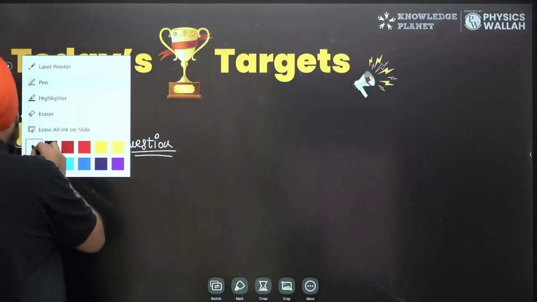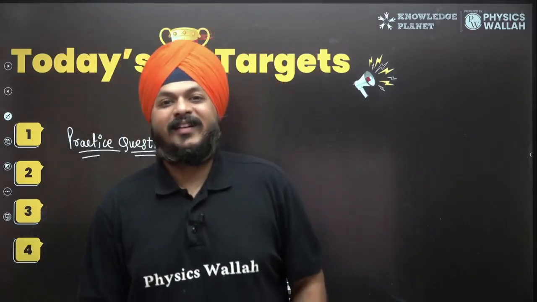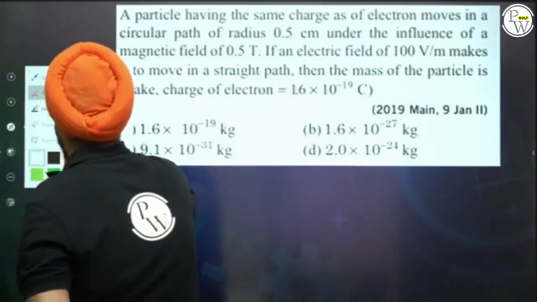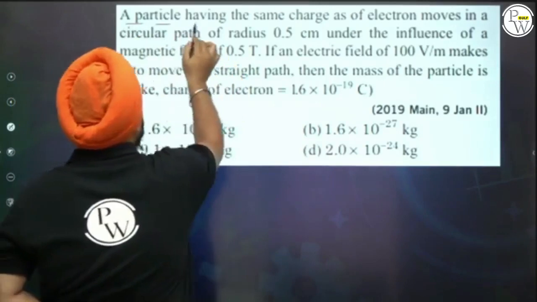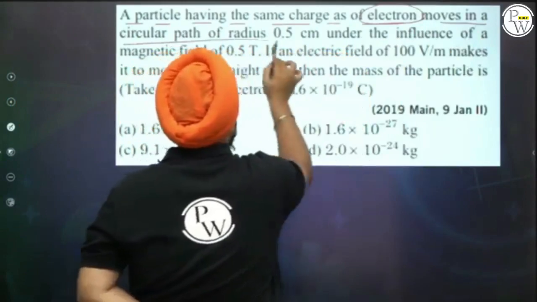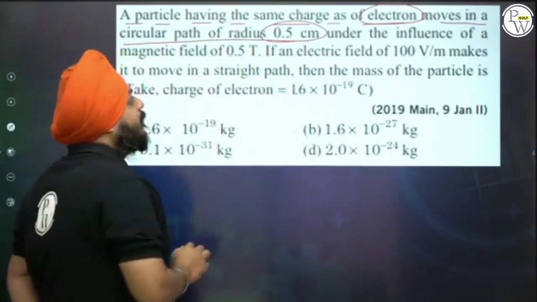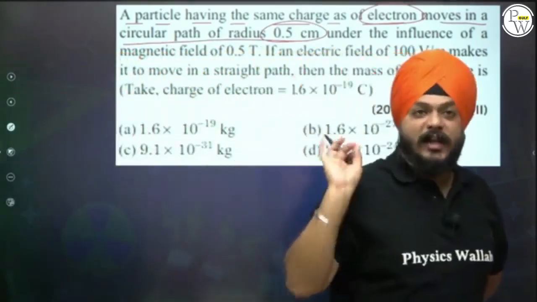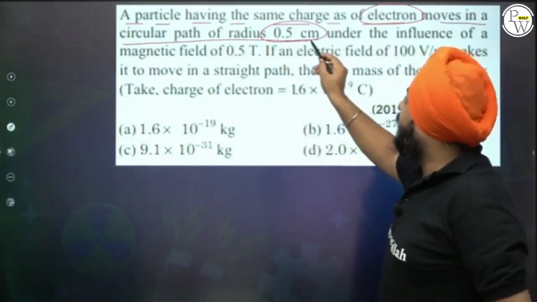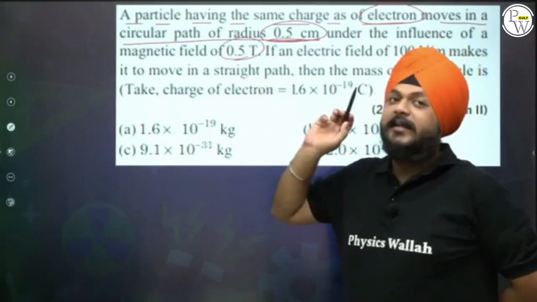The first question of moving charges and magnetism appears in front of you. A particle having the same charge as an electron moves on a circular path of radius 0.5 centimeter under the influence of a magnetic field of 0.5 Tesla.